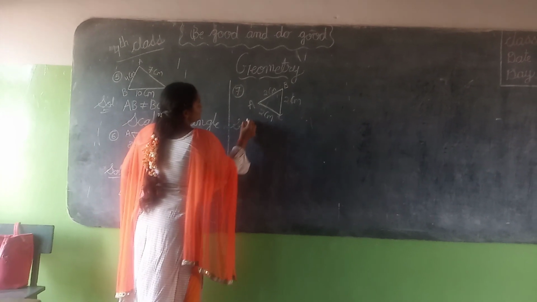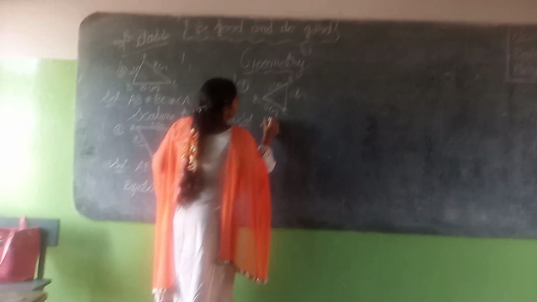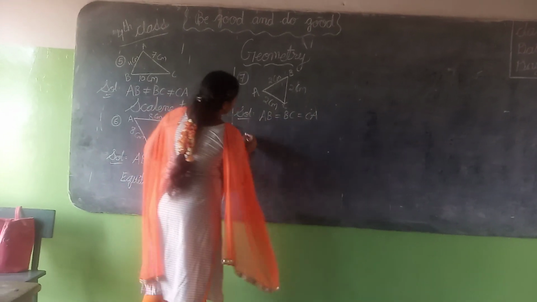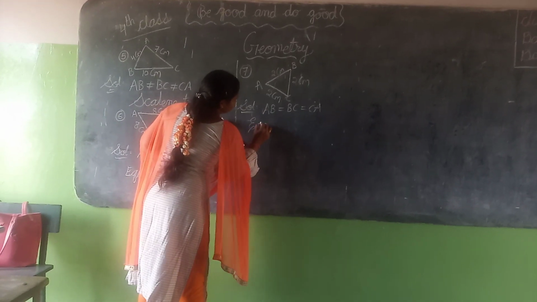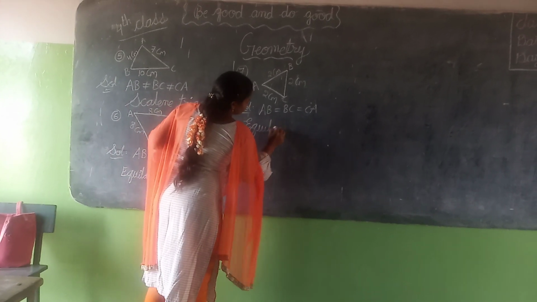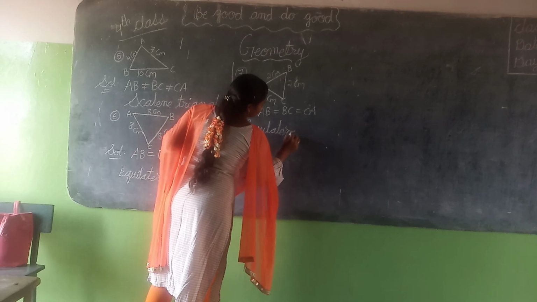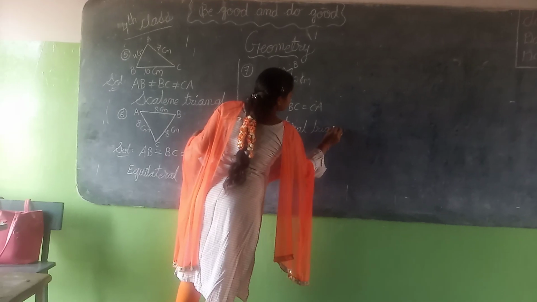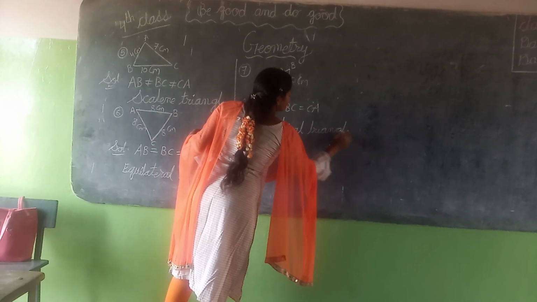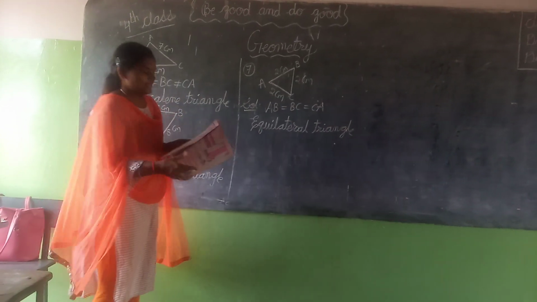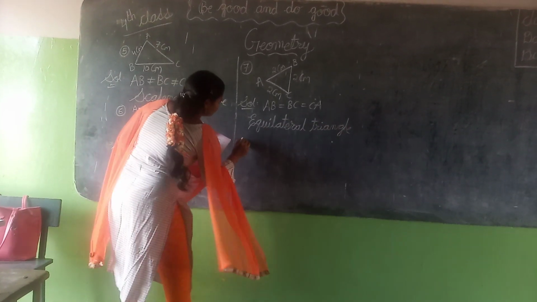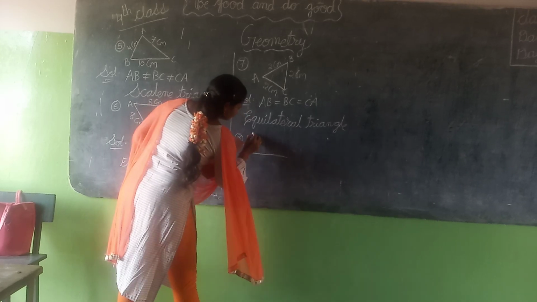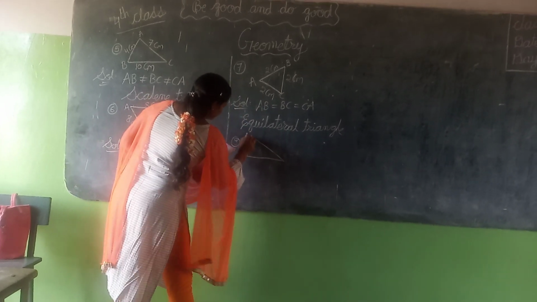So three sides are equal. That triangle is an equilateral triangle. Write that. Okay, next, the eighth question. Draw that eighth picture. So it is A, B.